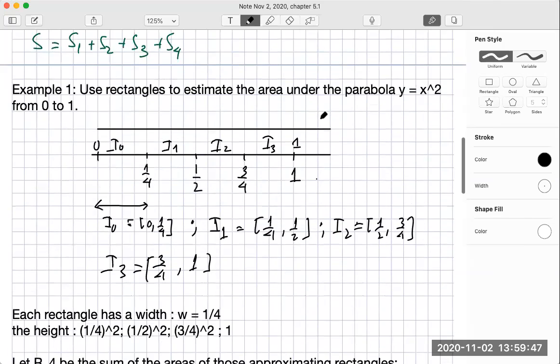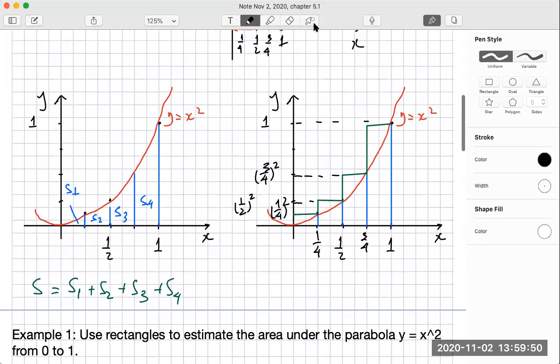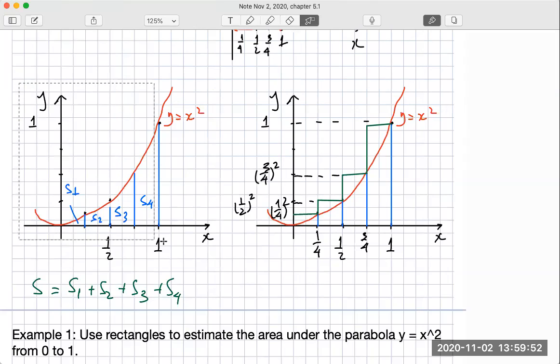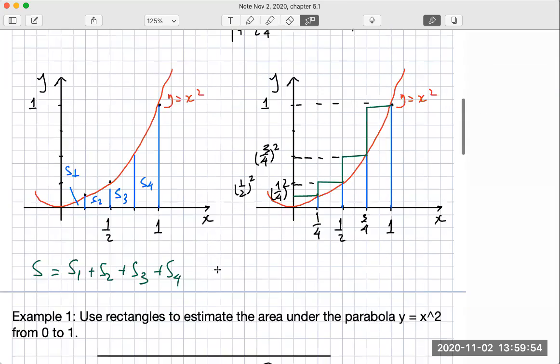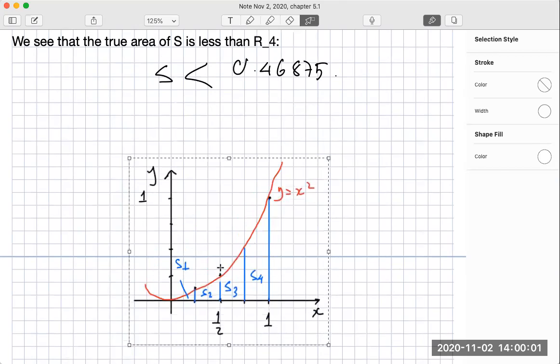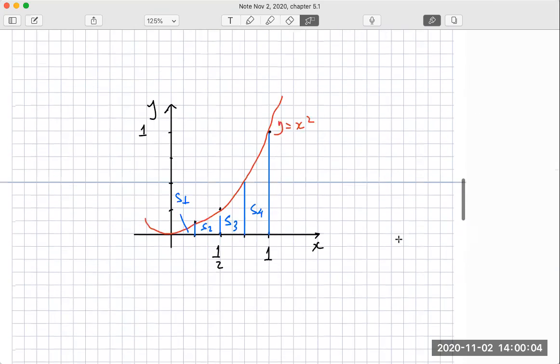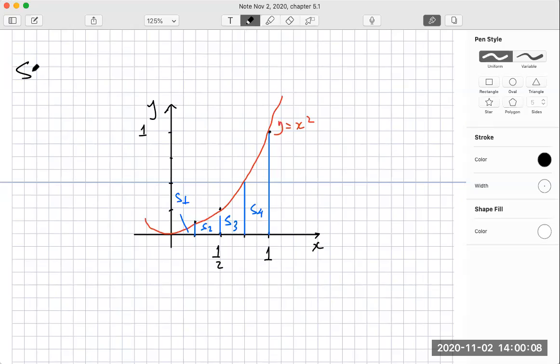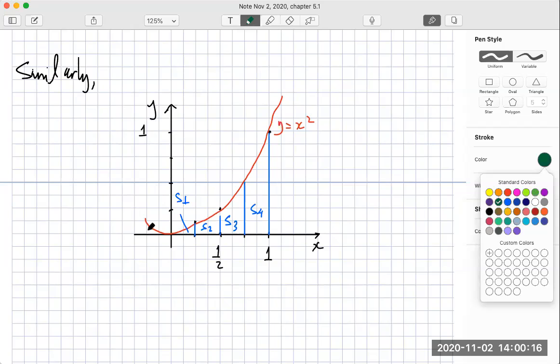The same story. If we approximate the area of this guy by these triangles, the first area we approximated by 0.